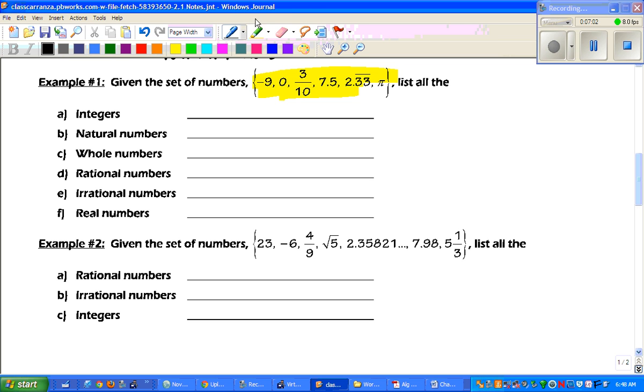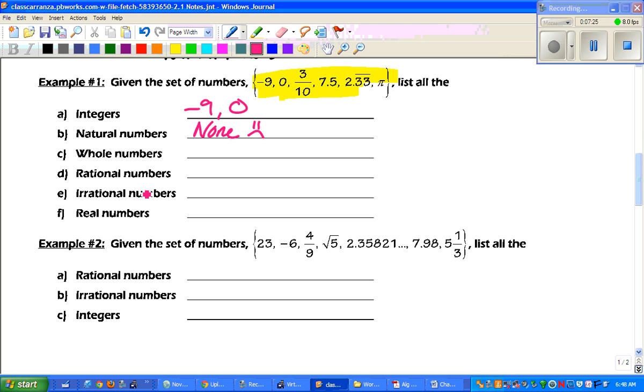So, integers. Integers can be those two, okay? Positives or negatives, but no fractions, no decimals. A natural number, on here it's only positive numbers, no fractions.